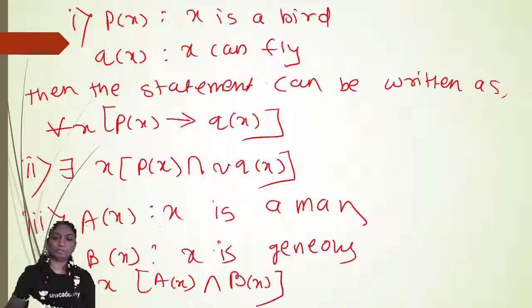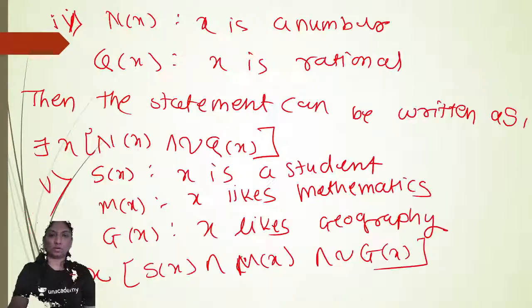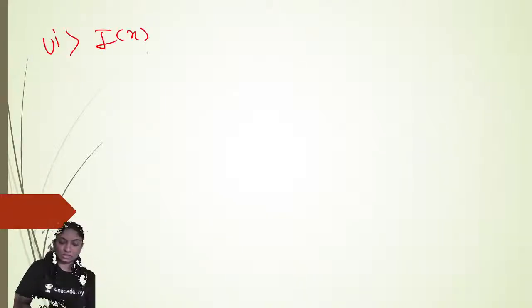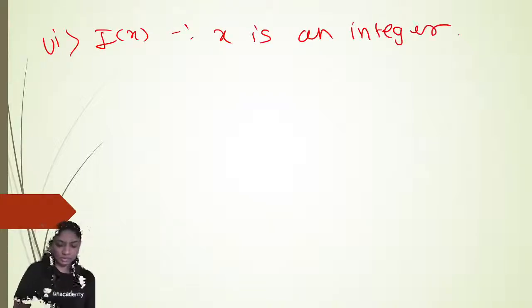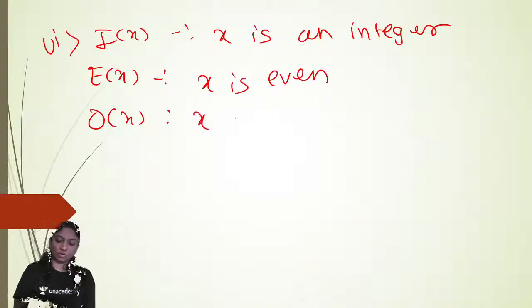Right? So what is the sixth one? Each integer is either even or odd. So sixth one, I of x: x is an integer. E of x: x is even. O of x: x is odd.